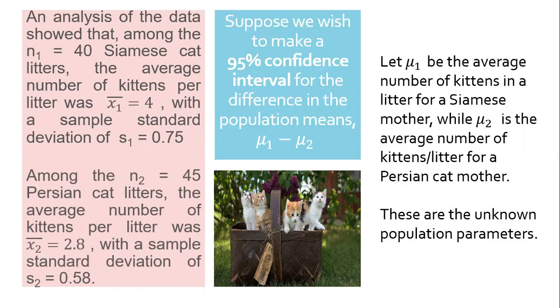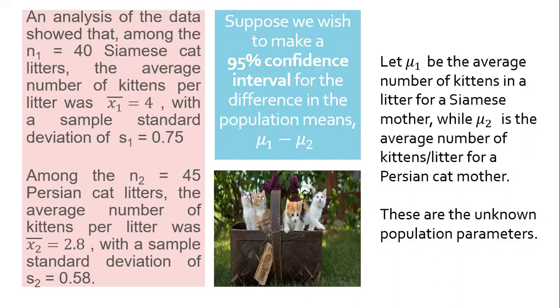And suppose that among the n2 equal to 45 Persian cat litters that were sampled, the average number of kittens per litter was x2 bar equal to 2.8 kittens per litter, with a sample standard deviation of 0.58 kittens.